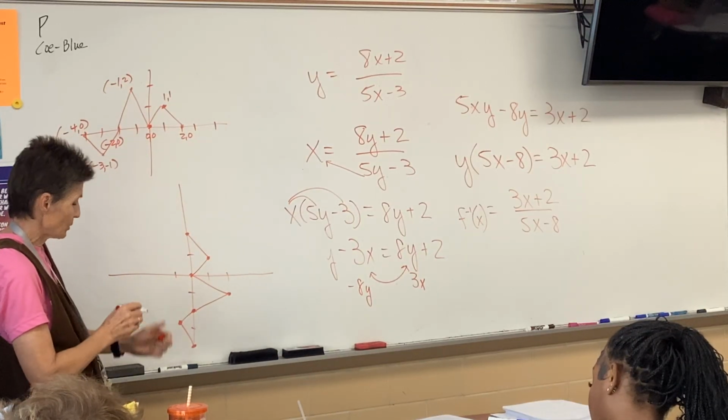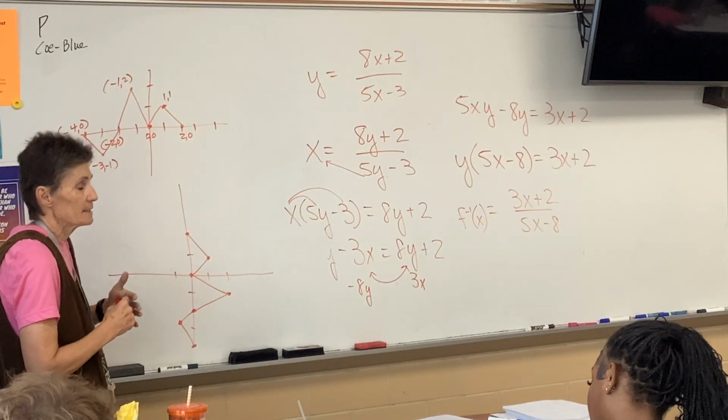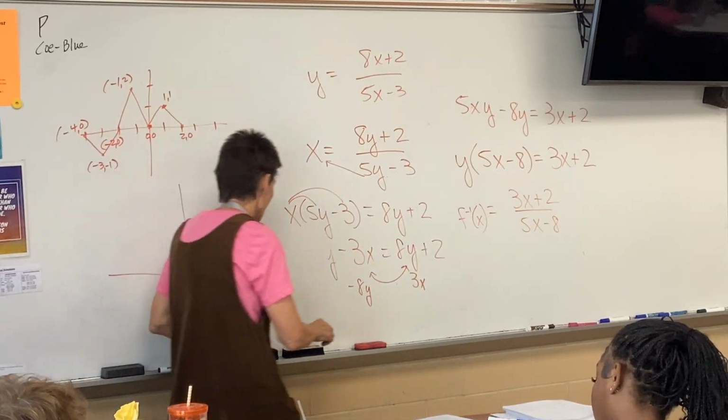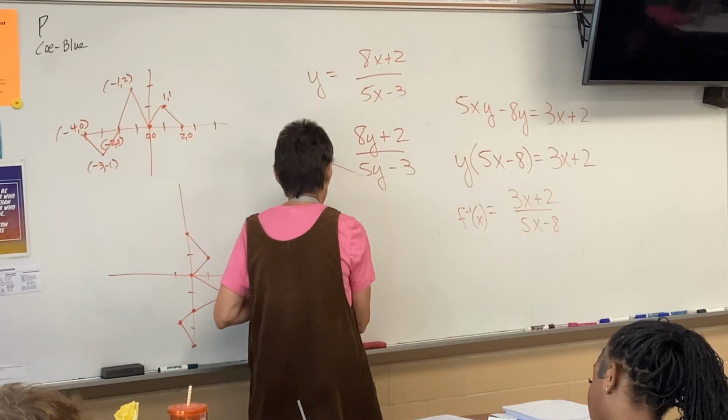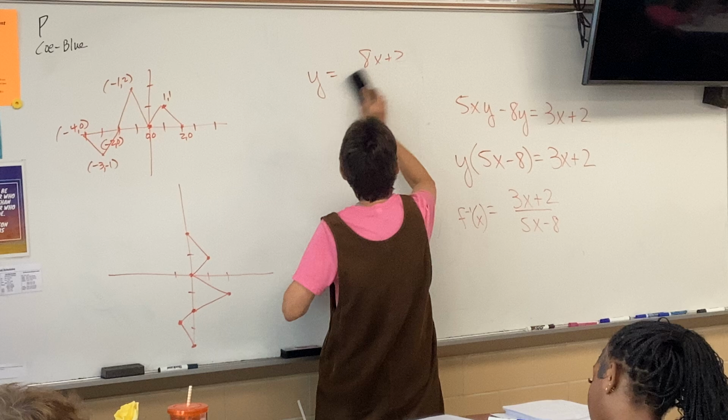Make sure that's what your picture looks like. Take your time plotting your points. I know you all know how to plot points, but sometimes you get carried away. X, comma, Y.